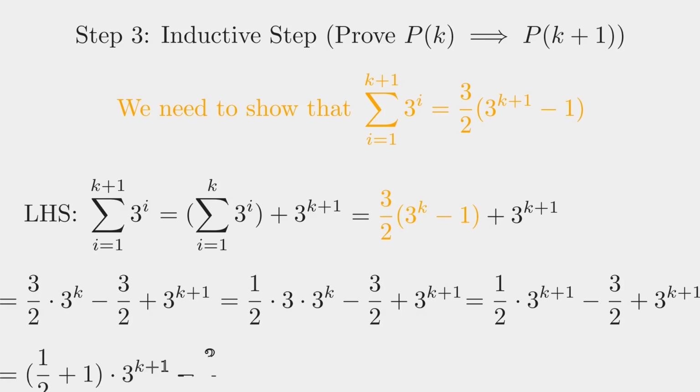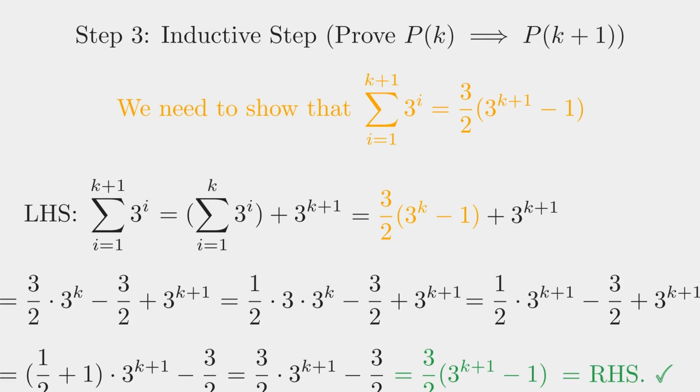Combining like terms, we have 3 to the power of k+1 into half plus 1. This will give us 3 over 2 times 3 to the power of k+1 minus 3 over 2. Finally, we can factor out 3 over 2, and now this will give us 3 over 2 into 3 to the power of k+1 minus 1. And this is exactly the right hand side of P(k+1).